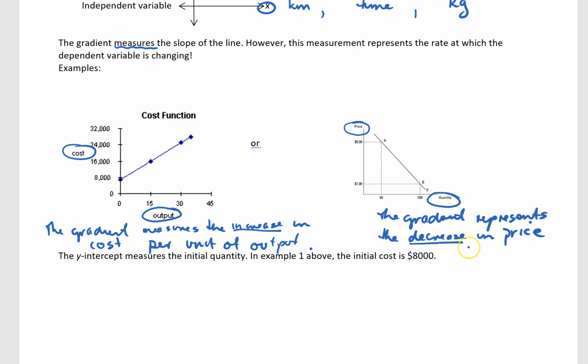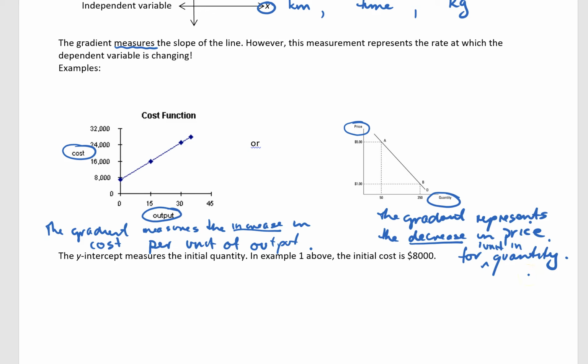So it's the decrease in price per quantity. Now that quantity could be per 1 unit in quantity.